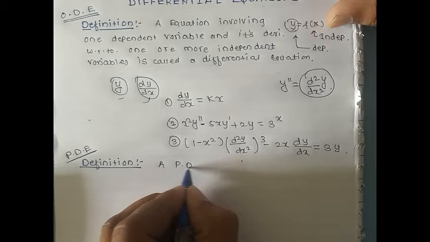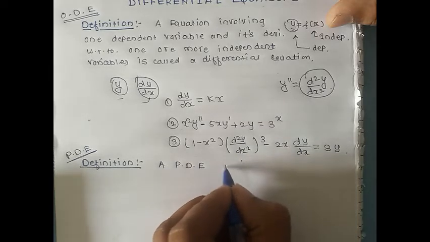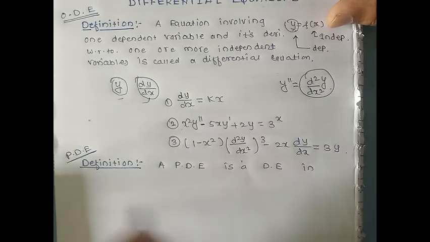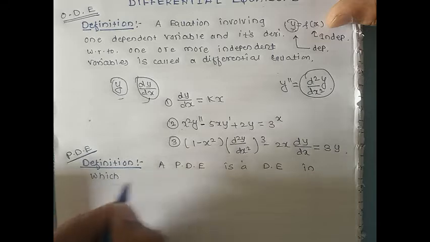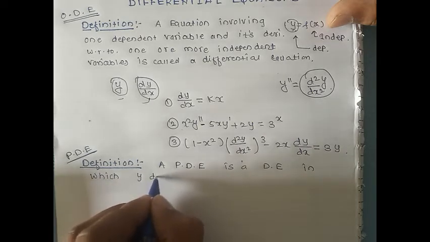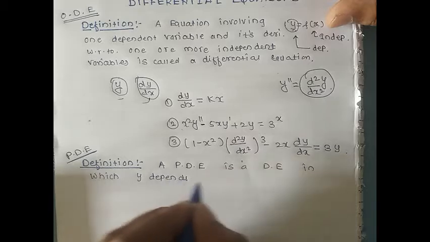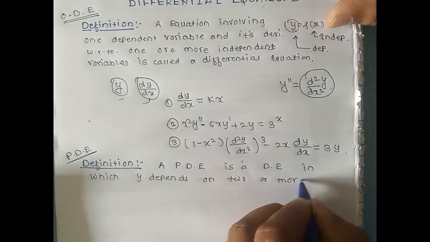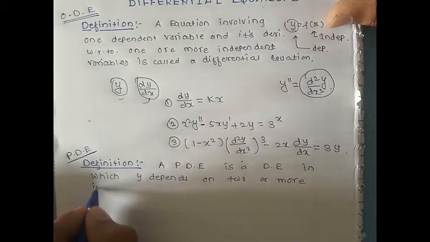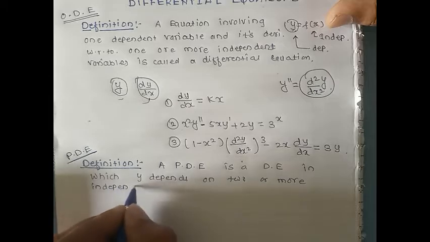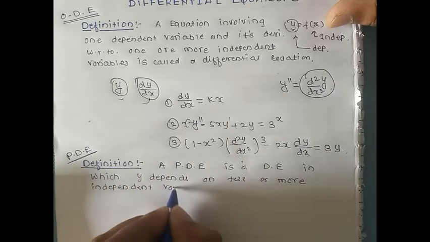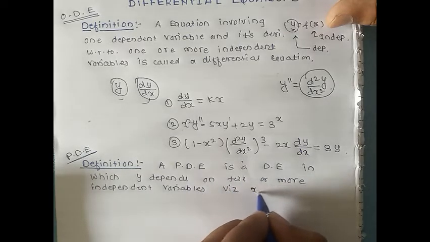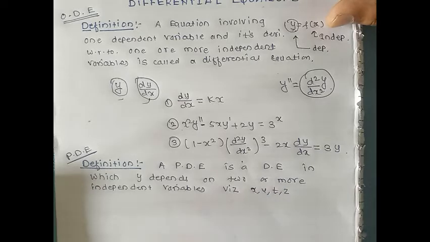A partial differential equation is a differential equation in which y depends on two or more independent variables, namely x, t, z.